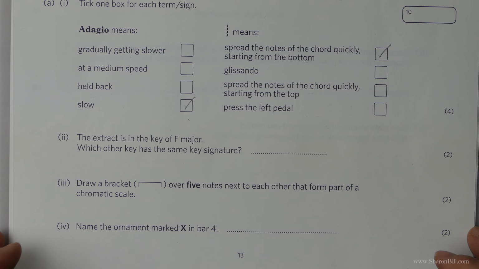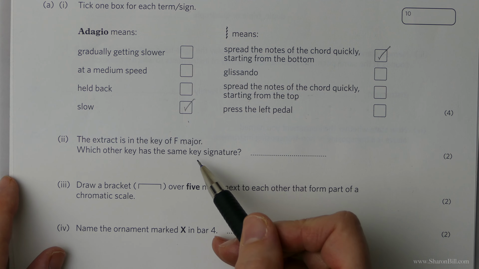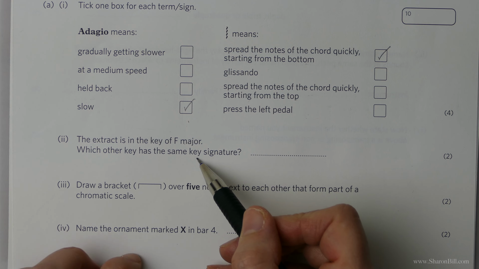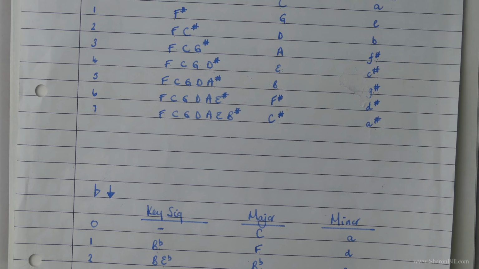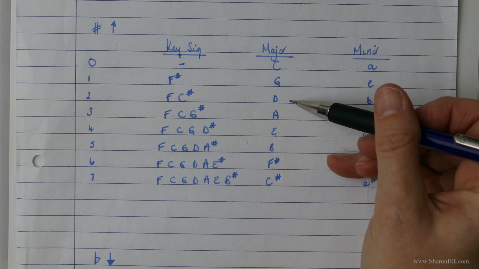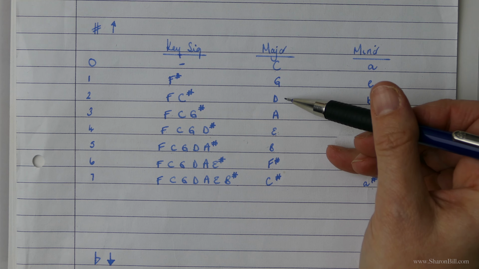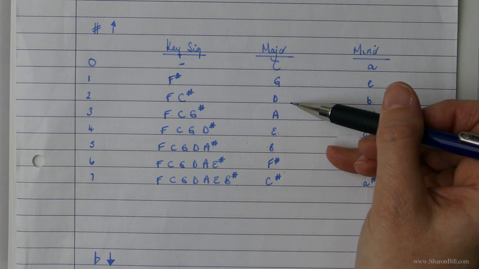So now a bit of general knowledge. We're told that the key is in F major. And then we're asked what other key has the same key signature. And so if you've written out your circle of fifths, I do suggest you do that before you start. And if you're not sure how to do this, if you refer to my video on the circle of fifths, you can find it in the playlist Music Theory for Everyone.